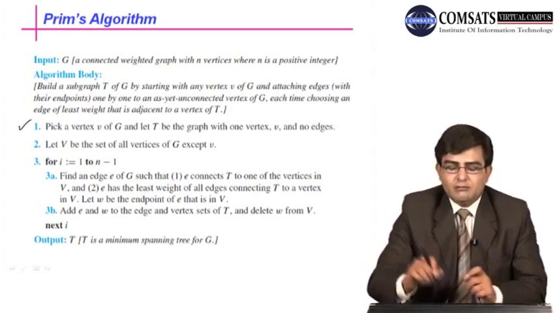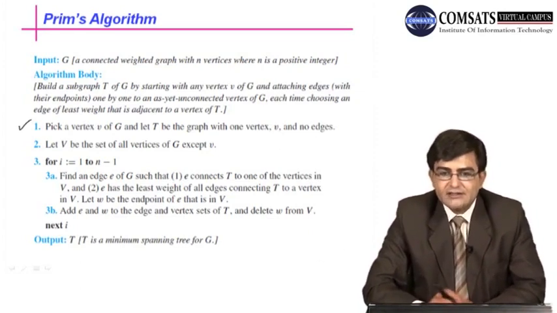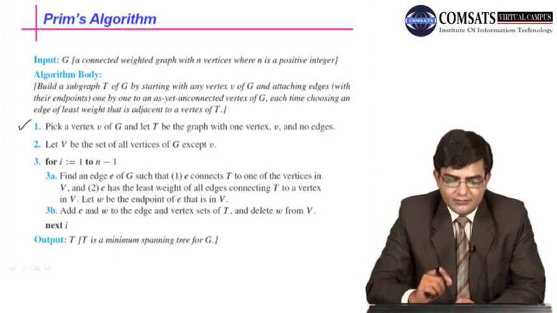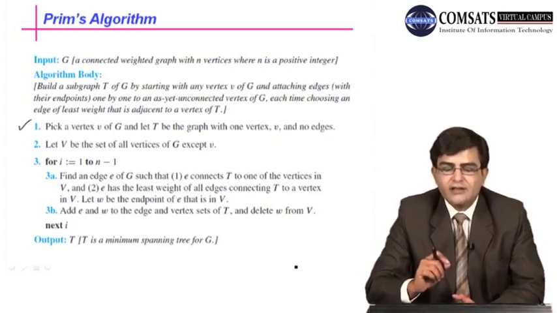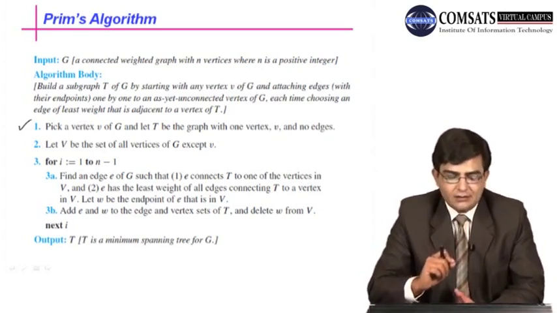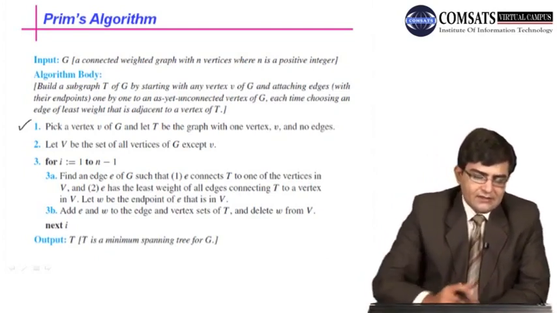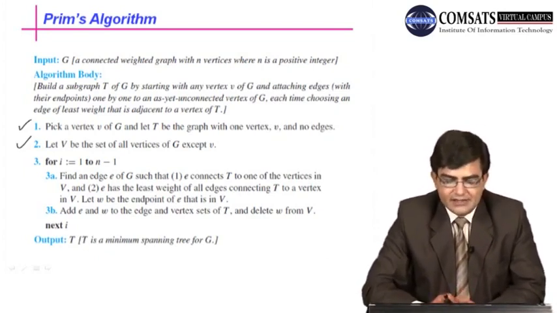We just mark the vertices as we have done in Kruskal's algorithm, and we select one vertex where we have to start Prim's algorithm. The next step is, let V' be the set of all vertices of G except v.